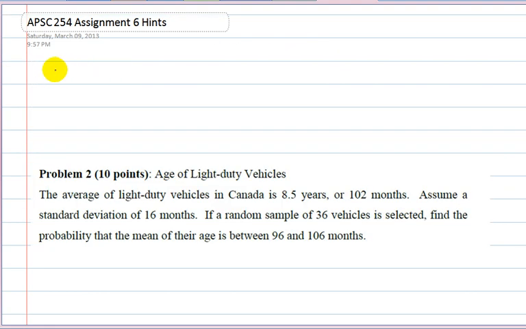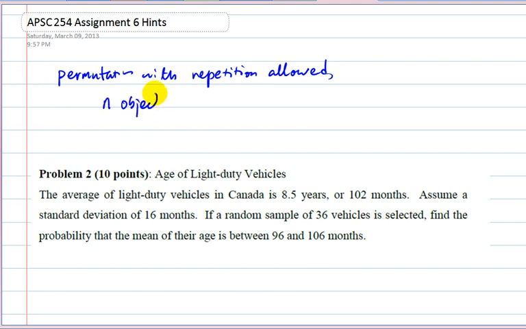In the class, I don't think we covered this, but when you have a permutation with repetition allowed, for example, you have n objects and take r at a time.